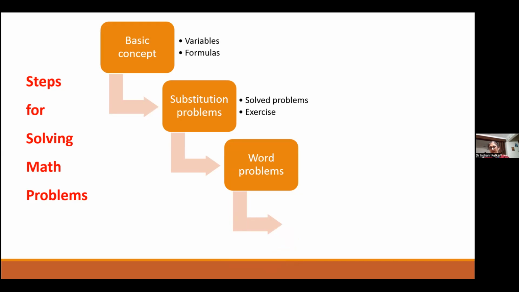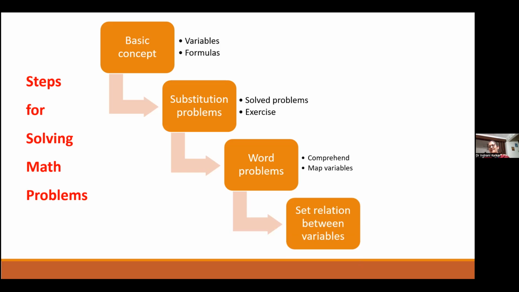So once you have understood basic concepts and solved some substitution type of problems, you go next to the word problem. For a word problem, you have to do comprehension and then map the variables to the things or quantities which are specified in the word problem as a real life situation. Convert it into mathematics. We call it a mathematical model.